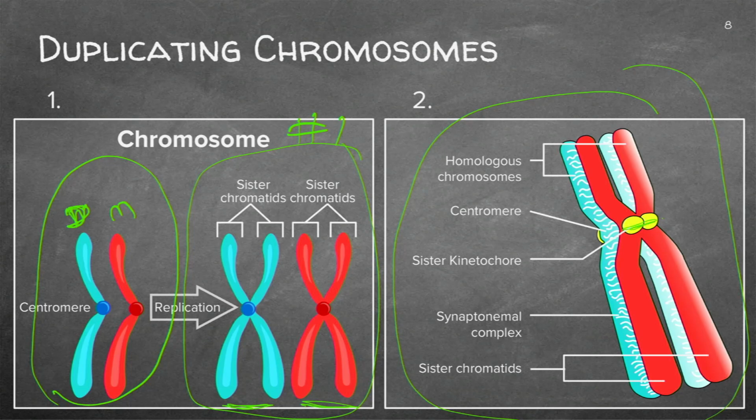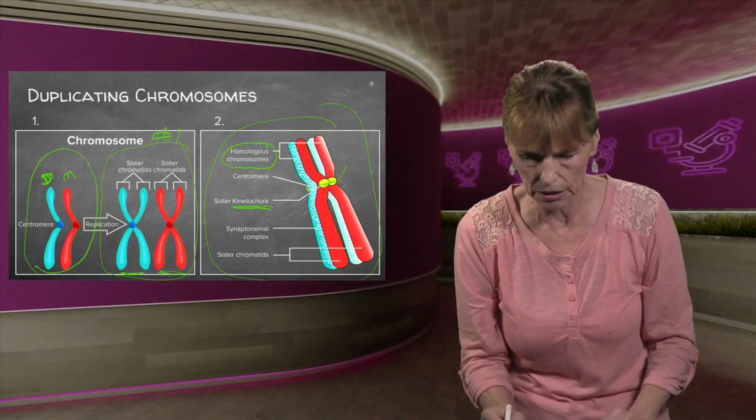Here, these are called kinetochores, and you'll get to why that's important when we do our mitosis. These are called homologous chromosomes. Why? Because they are both number 1 chromosome. Mom 1 and dad 1 are homologous chromosomes.